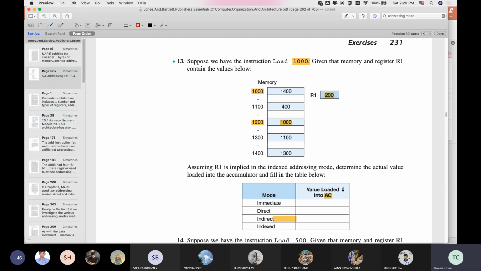Okay, so tell me the answer here. Anyone, what is the value in the accumulator in case it is the immediate decimal?